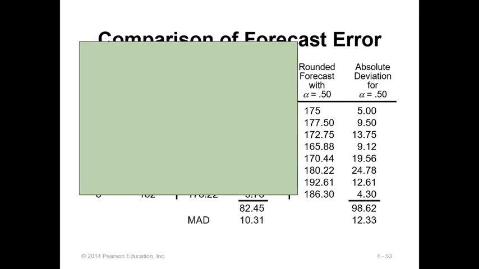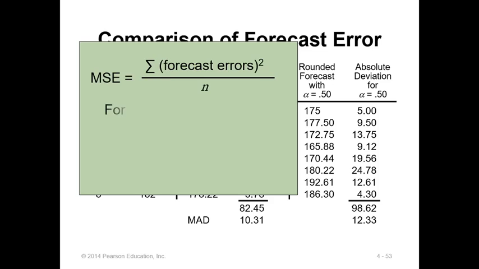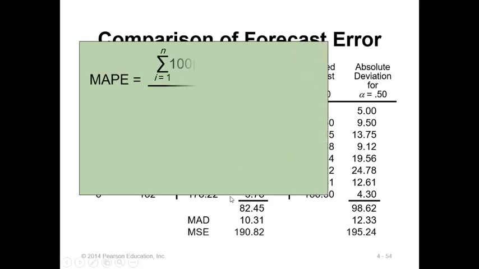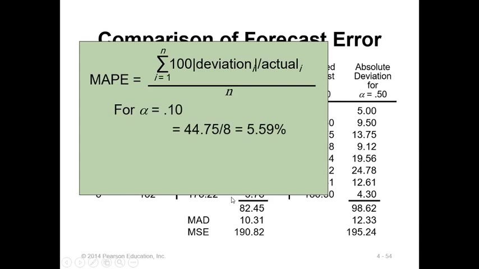The same with the second measure, the MSE, our example, the one we have solved. You see, 195 compared with 190. 190 when alpha is 0.10 is less than 195 when alpha is 0.50. Again, this proves that it's better to use lower alpha. The same also with the third measure of error that we have used a while ago, as you can see, 5.59%, sorry, when alpha is 0.10, but we have 6.76% when alpha is 0.50.